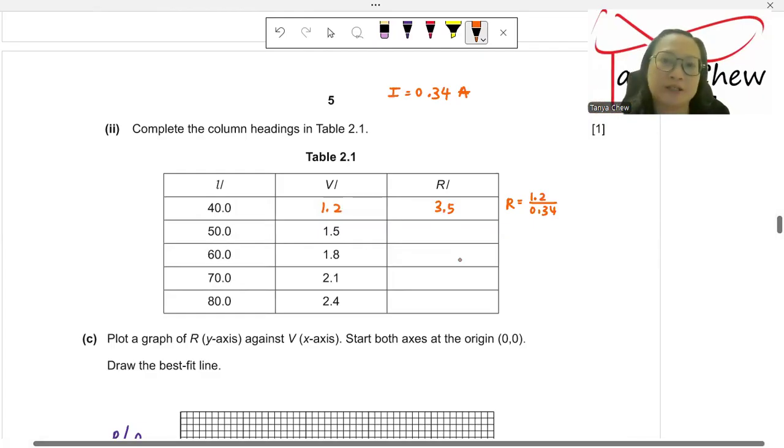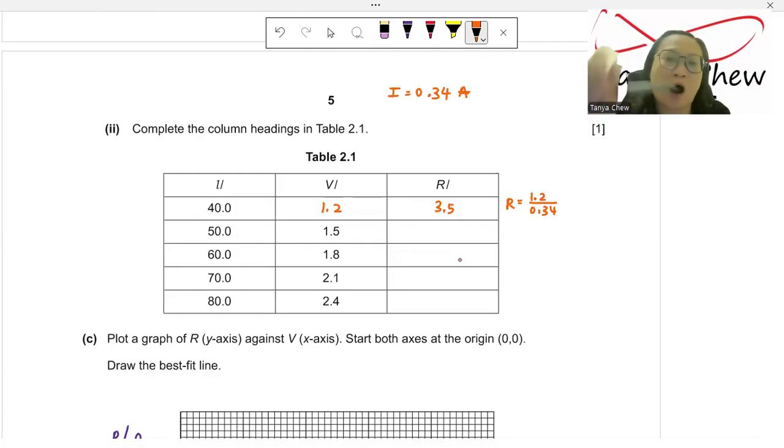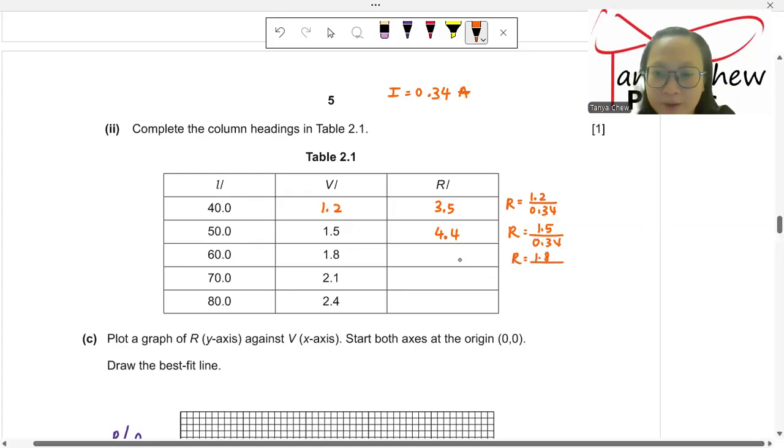R is the calculated data, so the R value must follow the significant figures of its raw data, which are the significant figures of V and of I. Now, the second R, I'm using 1.5 divided by 0.34, and I got 4.4, two significant figures as well. And the third R is 1.8 divided by 0.34, and I got 5.3, two significant figures as well.